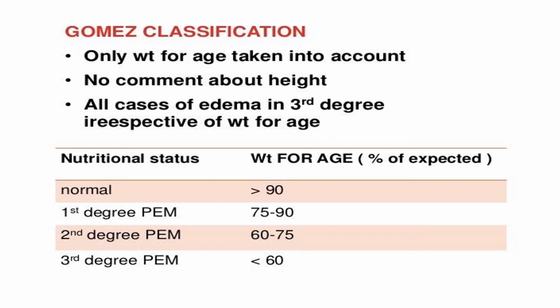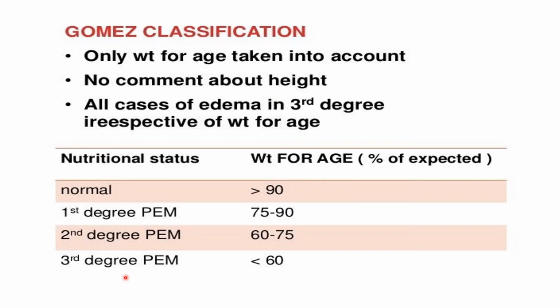Some classifications are there. One among them is the Gomez classification. This Gomez classification is only for the weight for age. Here it says that all cases of edema are in the third degree irrespective of weight for age.